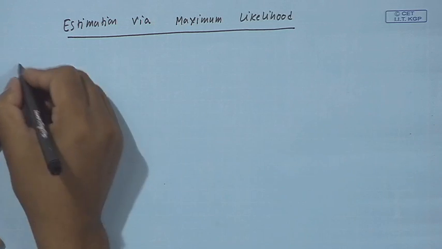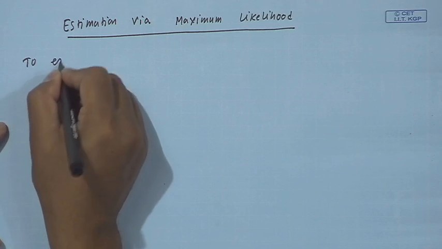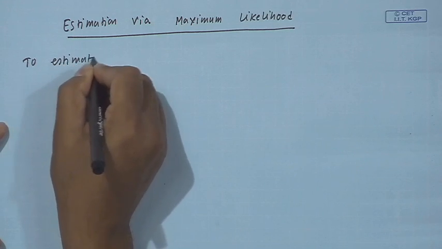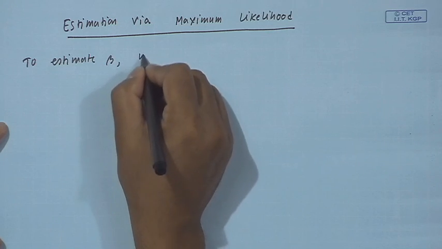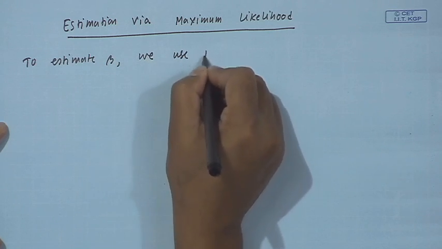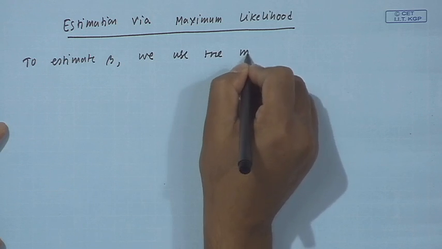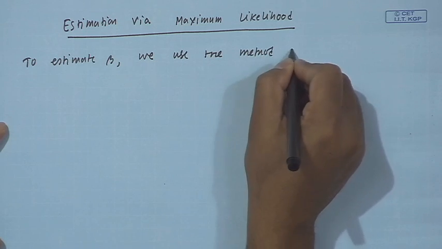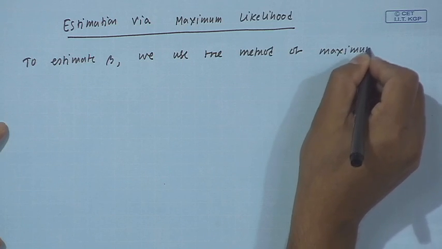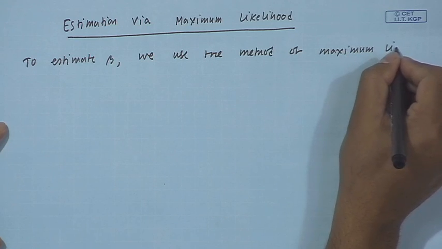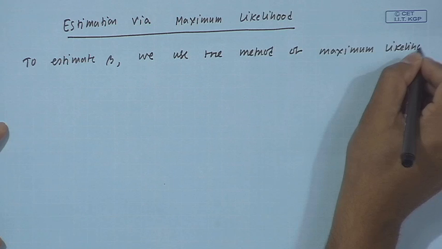Okay. So, to estimate beta, we use the method of maximum likelihood.